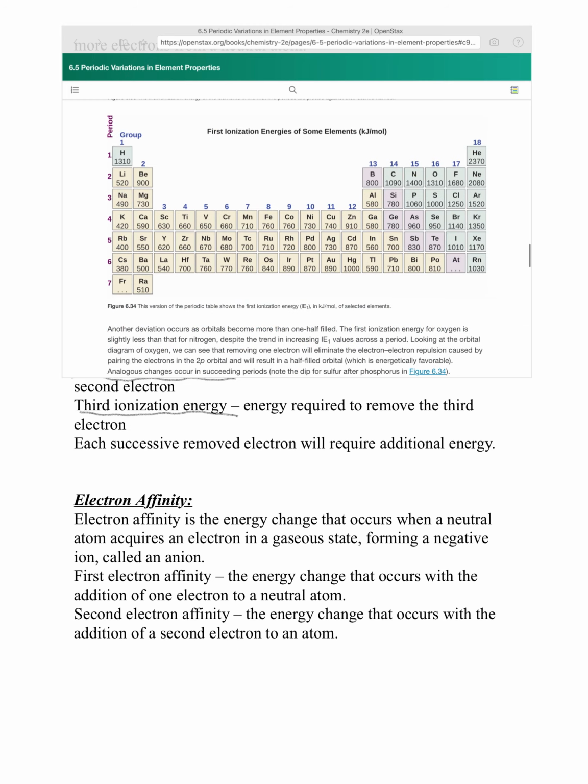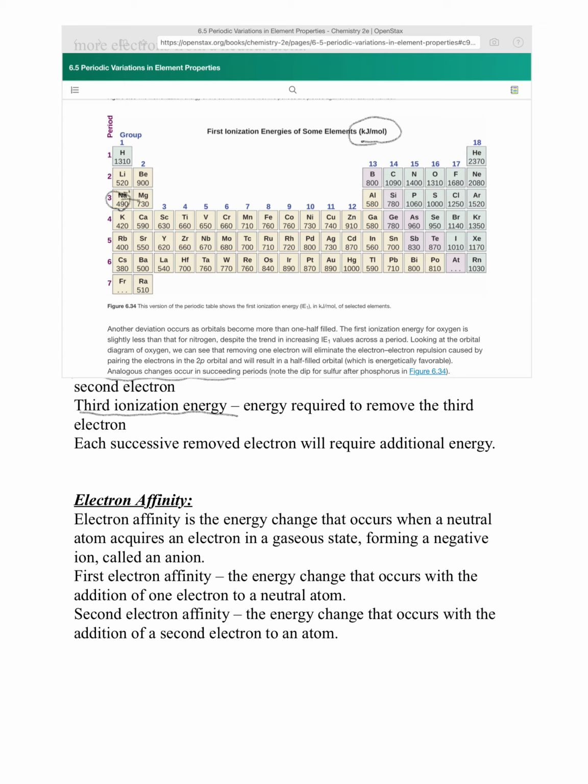And we talked about the first ionization energy. These numbers here are showing you the ionization energy, and it's in a unit called kilojoules per mole. All right, so if you look at, let's say sodium, because this is an element that we're familiar with, its first ionization energy is 490 kilojoules per mole.